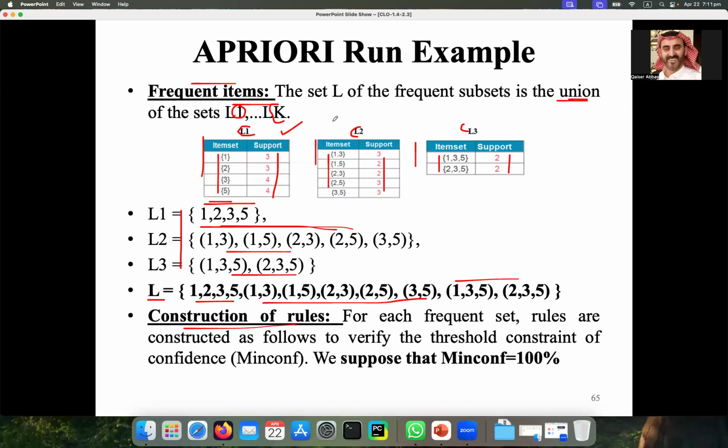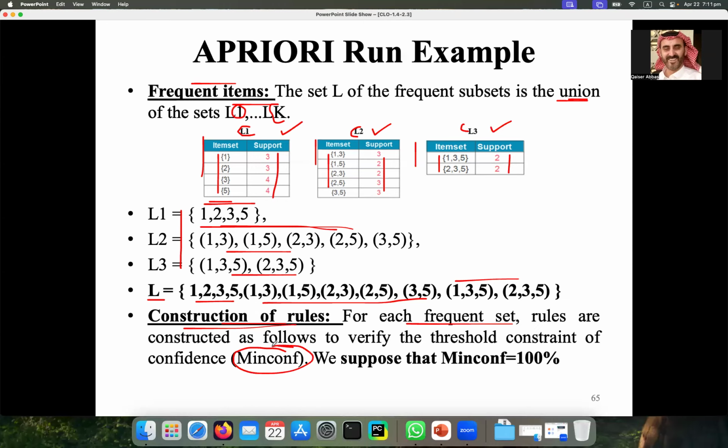So you can say that these lists are representing frequent items. But now we have to construct rules. For each frequent set, we can construct the rules when we set a threshold for the confidence.